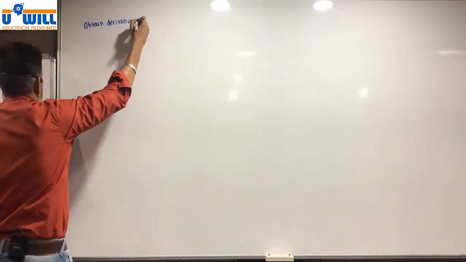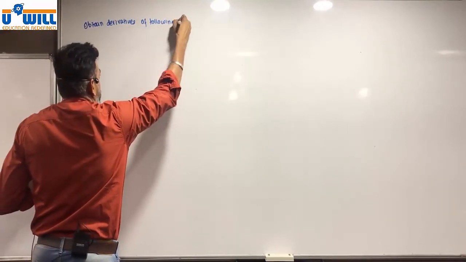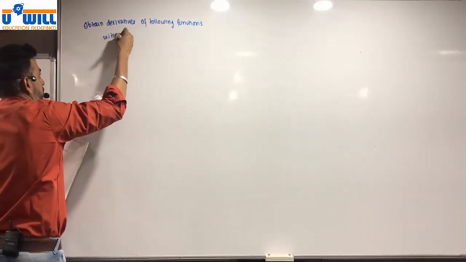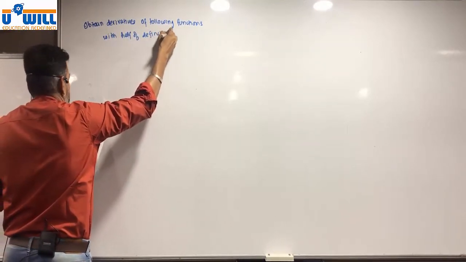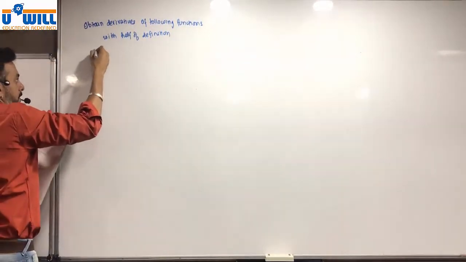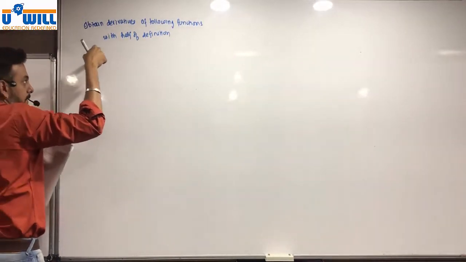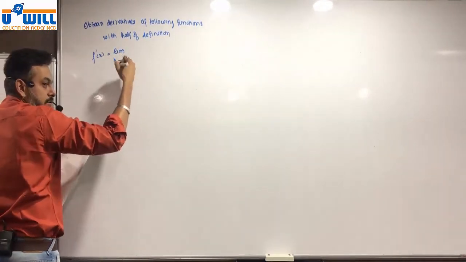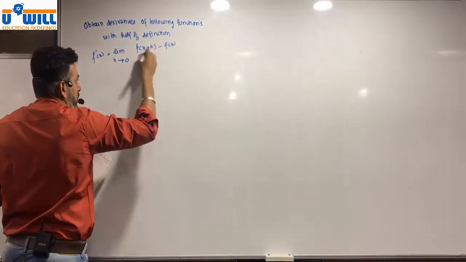Obtain derivatives of following function with the help of definition. Now, what was the definition I wrote over here for all of you? f dash x, derivative of function x, is equal to limit h tends to 0, f of x plus h minus f of x upon h.